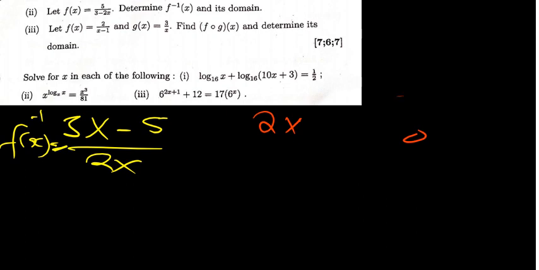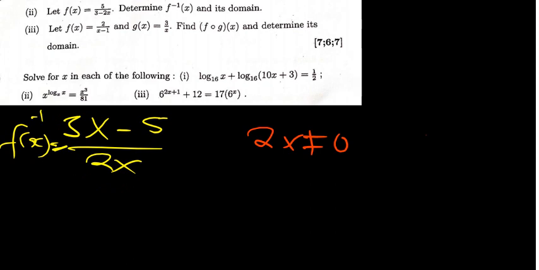So we don't want to have 0 on the denominator. We know that the numerator is always defined, so we don't have any issues with the numerator. But our issue is on the denominator, because once we have 0 there, the function is not going to be defined.